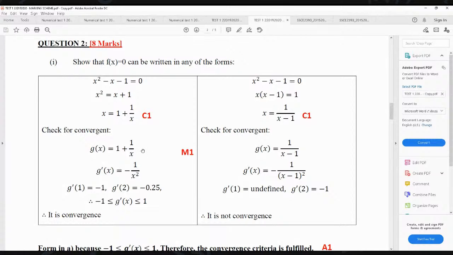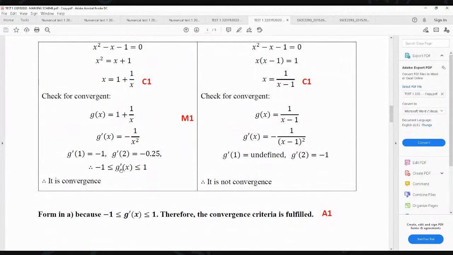All right, so check the convergence. Many times I told you g prime x should be between -1 and 1. When you find the first derivative for the first function, g prime 2 is negative, and this is convergent because it is between -1 and 1.